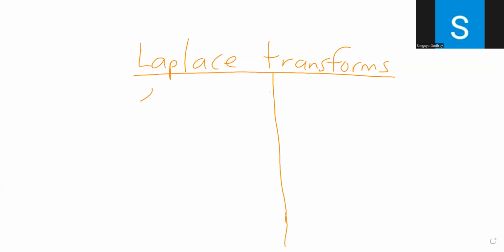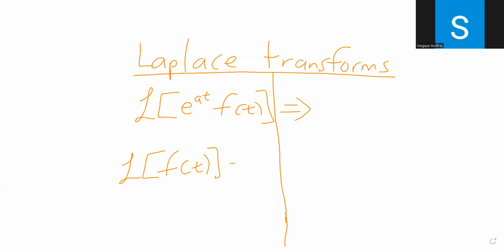One is the Laplace transform of exponential at times f(t). Remember, the Laplace transform of f(t) gives us F(s) from the definition.